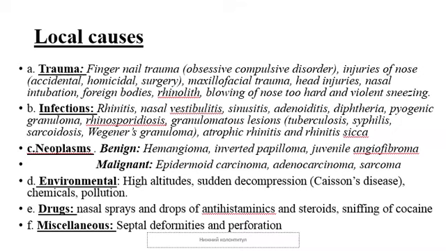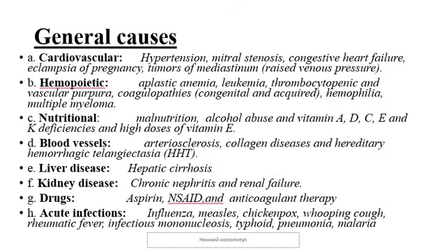What are the local causes of epistaxis? Trauma, infections, neoplasms, environmental factors, drugs, and miscellaneous factors are the local causes. And the general causes: cardiovascular, such as hypertension, mitral stenosis, congestive heart failure, and others.